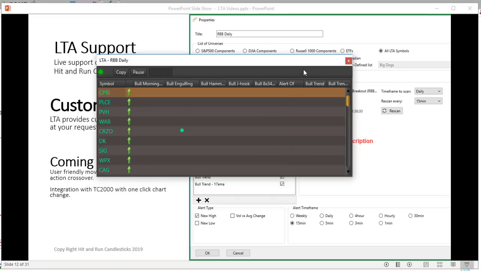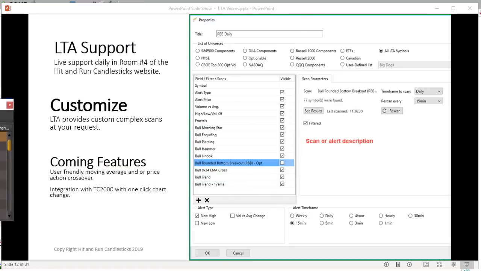How cool is that? I can't give a date, but I would bet within the next week or two that feature will be available.